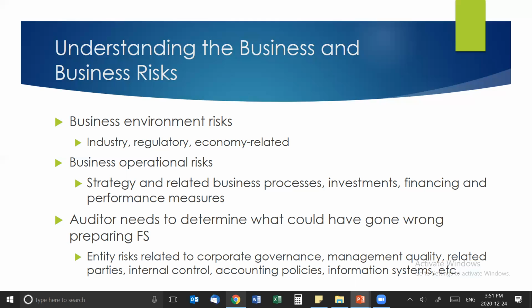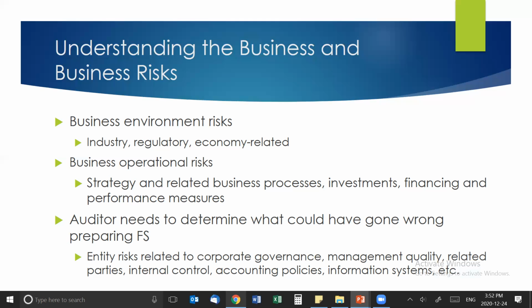Do they have really good controls, so that they can detect or prevent misstatements? What are their accounting policies? What are their information systems like? Do they have really good information systems that automatically calculate the sales number, automatically take that amount out of the inventory account and put it in revenue?